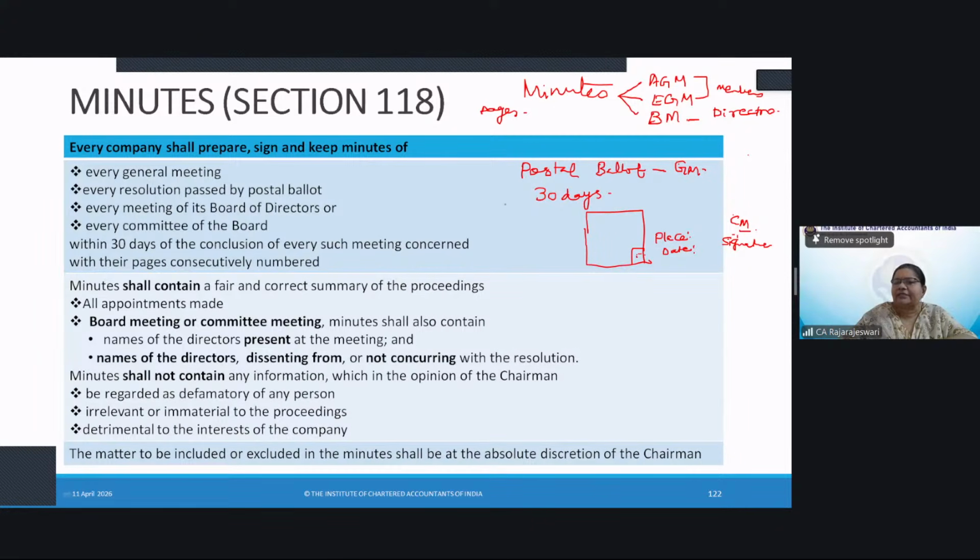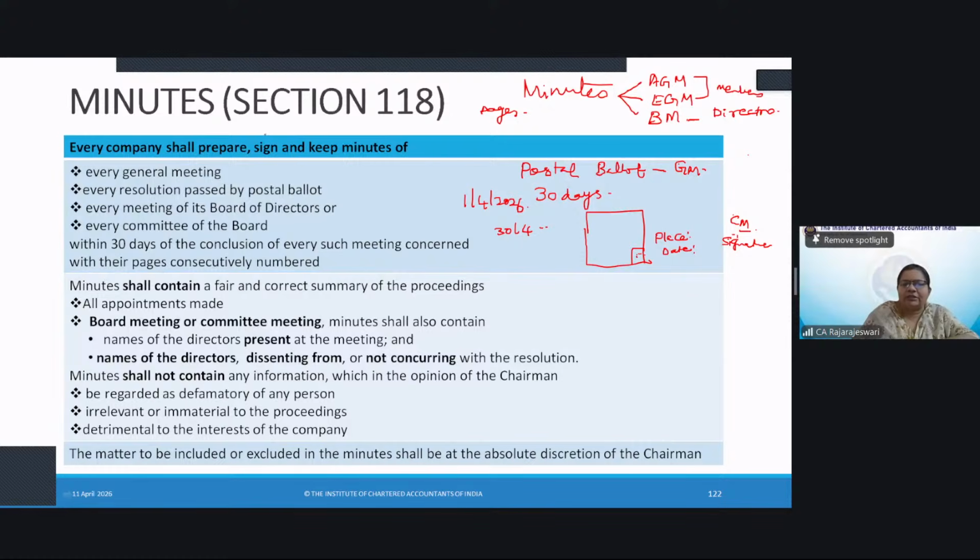Suppose a board meeting is held on 1st April 2026. Before 30th April, it should be recorded in the minutes and it should be signed. So even though the law specifies 30 days, in practice, they will immediately record it in 1 or 2 days. They will write the minutes and they will record it and get it signed from the chairman. So that is the usual procedure we follow.